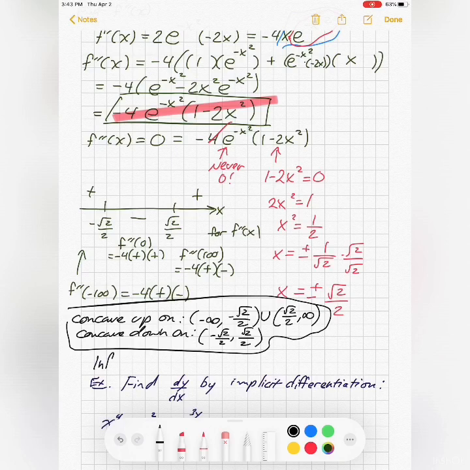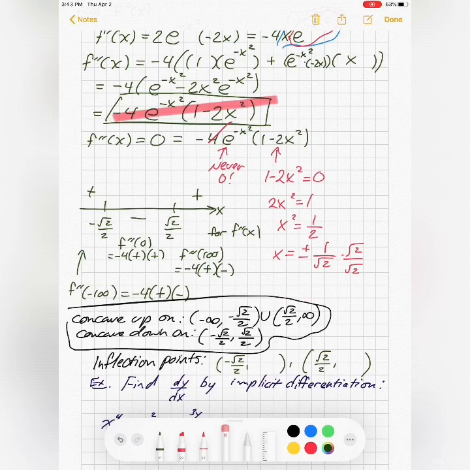So then what about the inflection points? Well, it does change concavity. Let's see, concave up, then concave down, and then concave up again. So I do have these two inflection points. And so those are at -√2/2 and +√2/2.